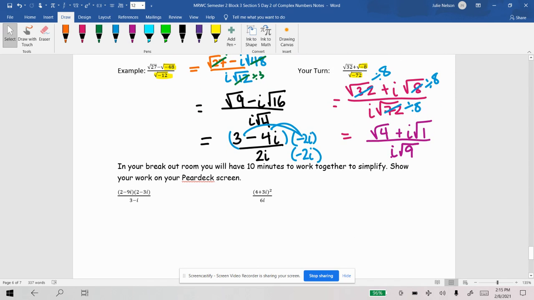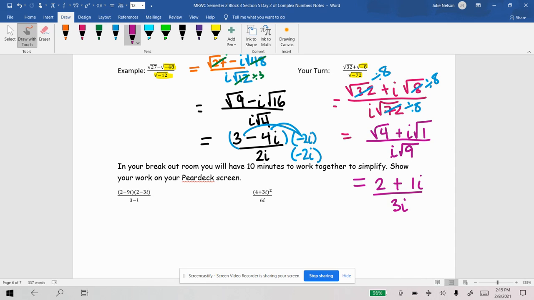Now I simplify each square root, so I get the square root of 4, which is 2, the square root of 1, which is 1, so this is i times 1, or 1i, and the square root of 9 is 3, so this is 3i.